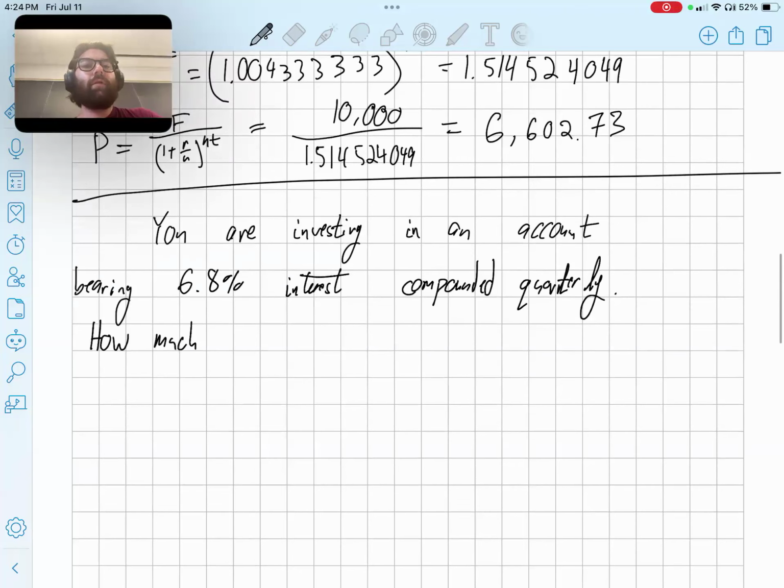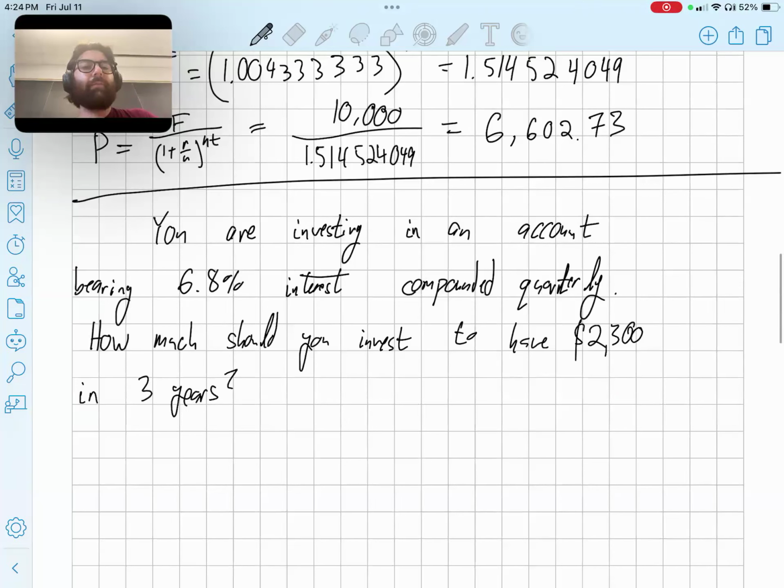How much should you invest to have $2,300 in 3 years? So again, how much should you invest now if you want to have $2,300 in 3 years?